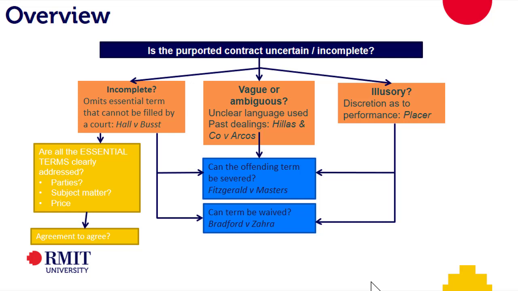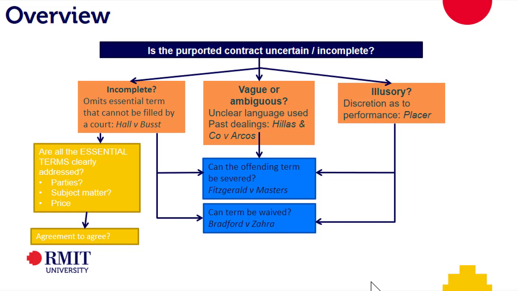We also have to ask ourselves the question, and this may also be relevant to the assignment, about whether or not it's an agreement to agree. And we'll talk about what happens if that is the case. In deciding whether something is sufficiently certain, the next question we have to ask ourselves is, is it sufficiently clear?